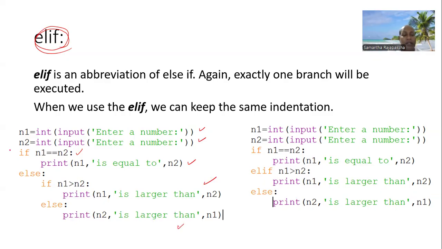Now you can see here, I have to maintain the proper indentations like here. Otherwise, it generates an error. But remember, in this place, instead of writing else if separately, you can write it as one word, ELIF. In that case, you can see you don't need to maintain indentation. You can write everything in a single line.